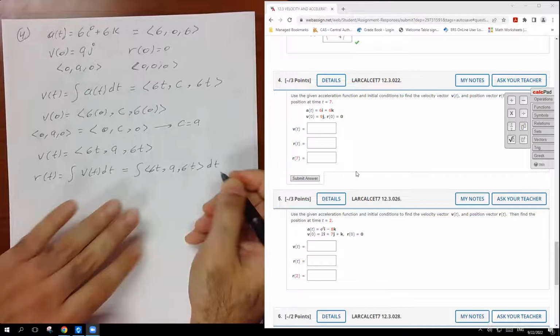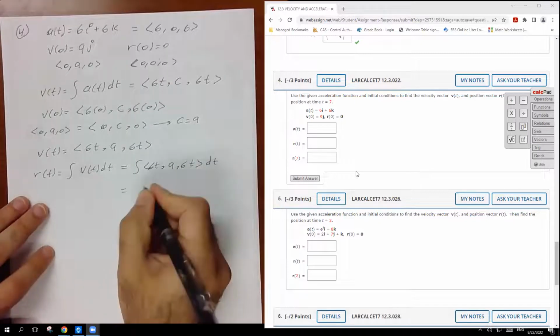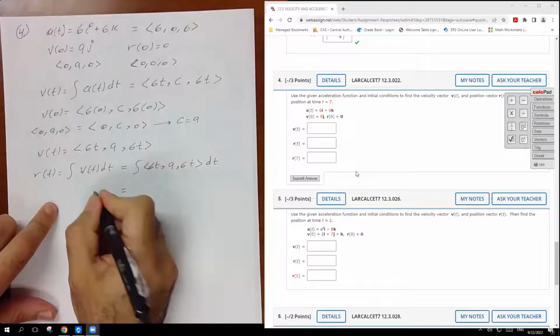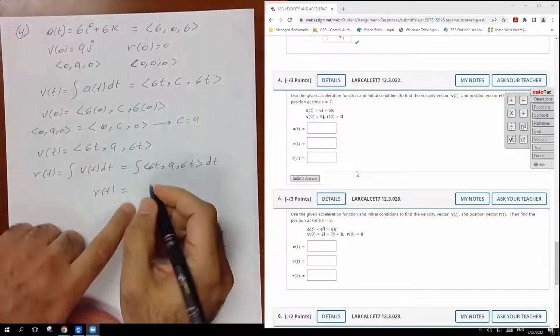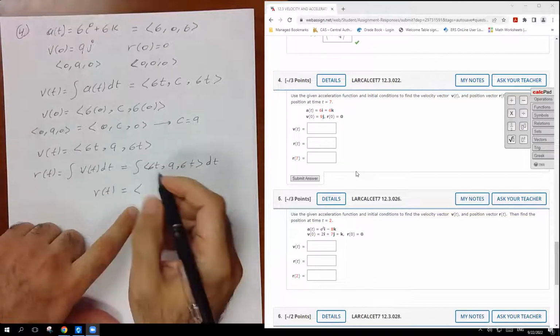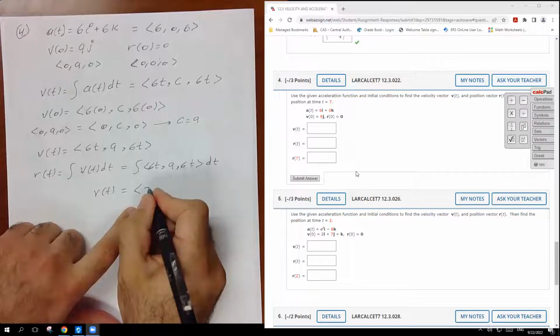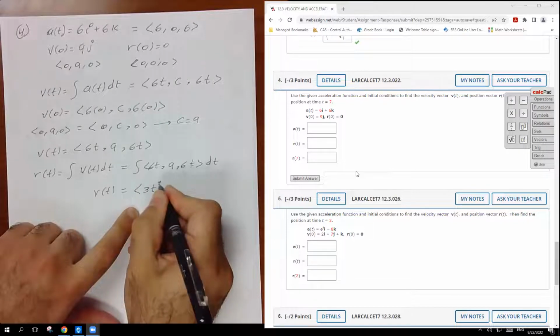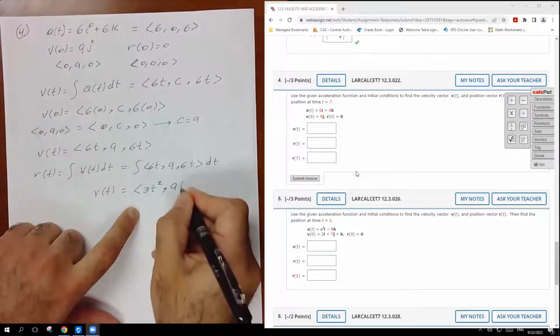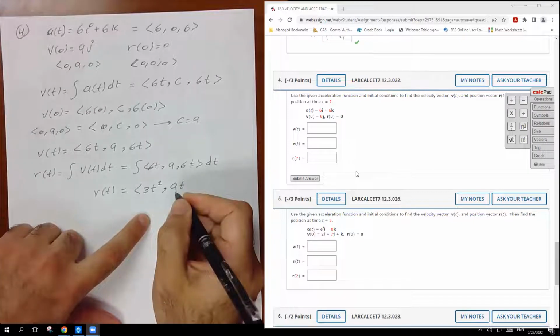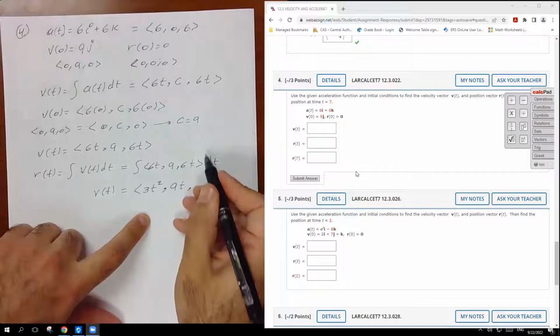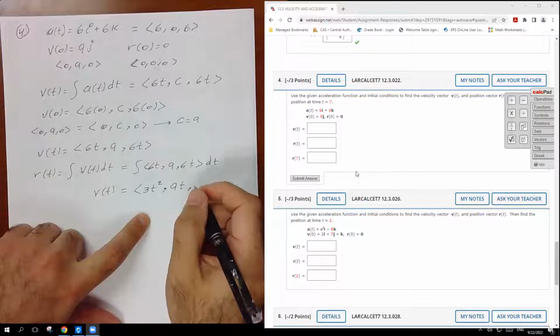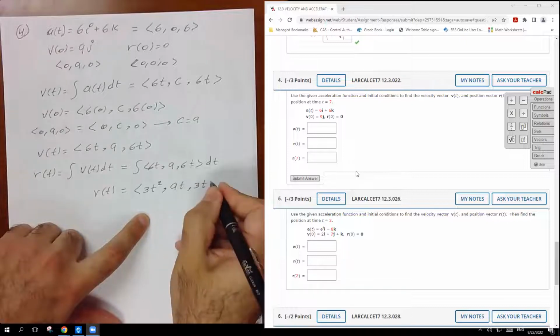I'm doing this in steps. So r of t is going to be, take the integral for this one, as a vector is going to be 6t squared over 2. So it's going to be 3t squared. And here is going to be 9t. And the last one is going to be 6t squared over 2. It's going to be the same thing, 3t squared.